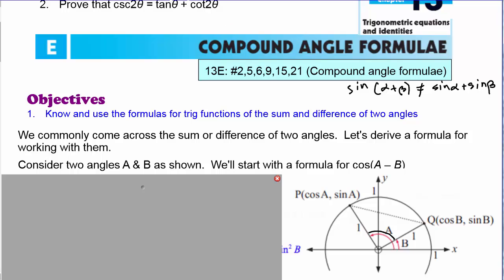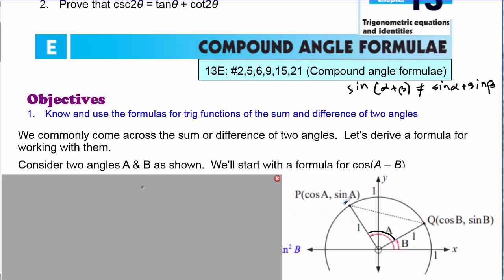The diagram that we have here, you'll see, is the unit circle, and the angle B is the angle to Q here, and the angle A is the angle to P. And so because of that, the coordinates of Q are the cosine of B and the sine of B, and the coordinates of P are the cosine of A, the cosine being the horizontal component, and the sine of A. So this angle that's drawn in black here, that is the angle A minus B, and we're going to look for a formula for the cosine of A minus B.